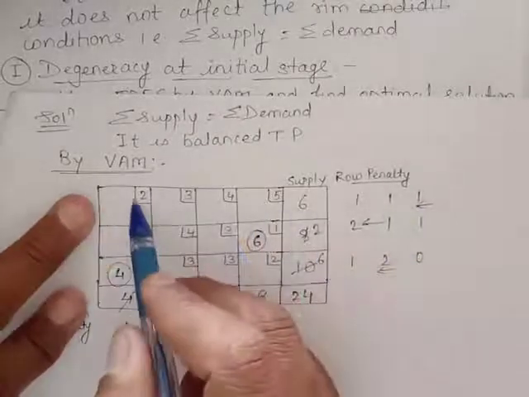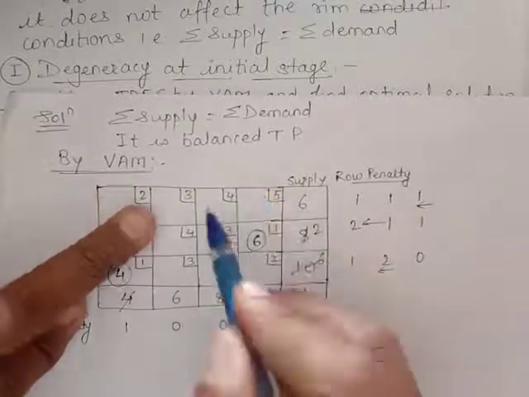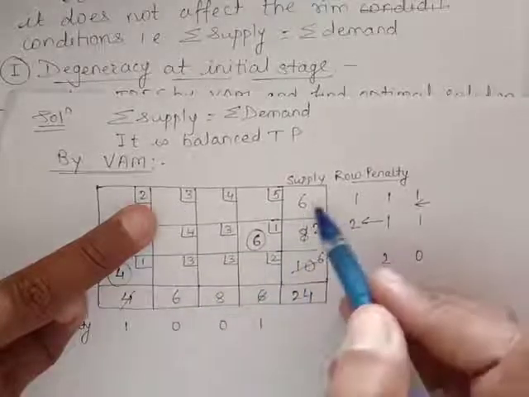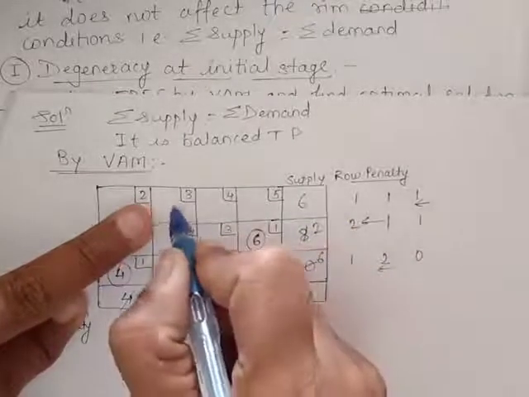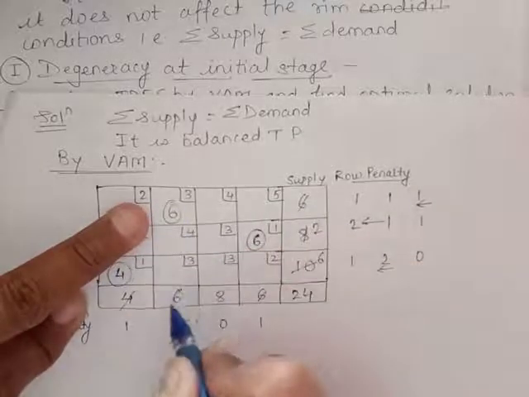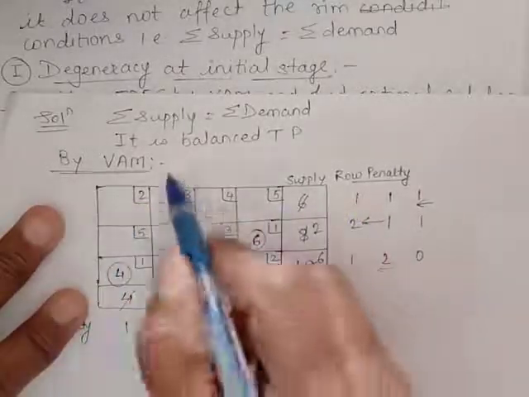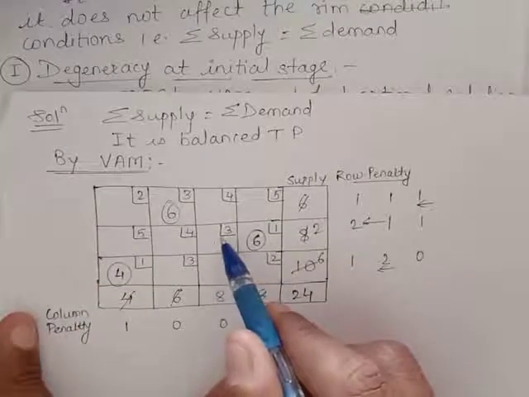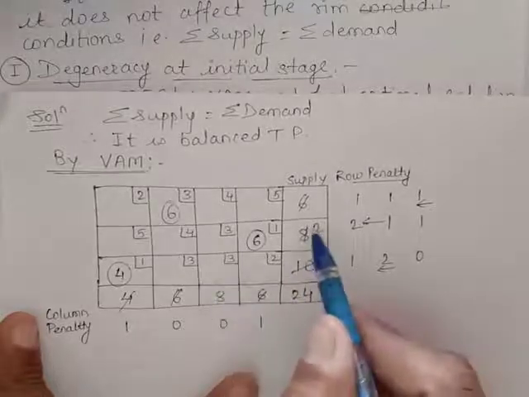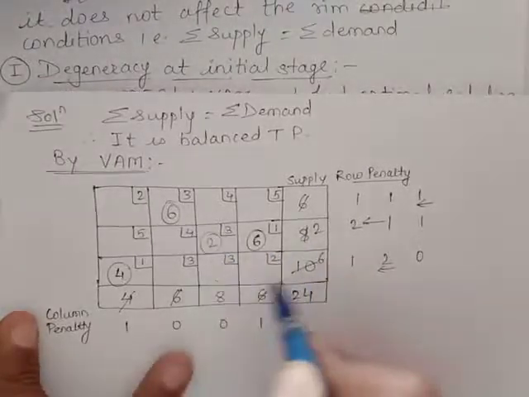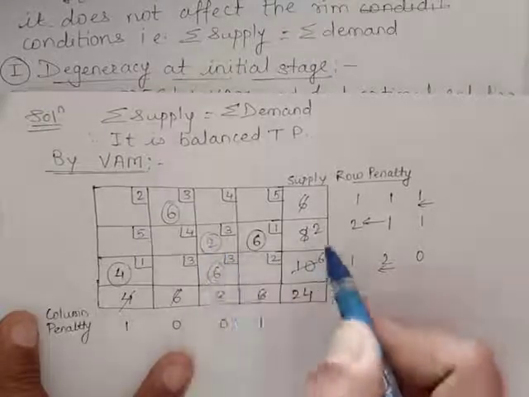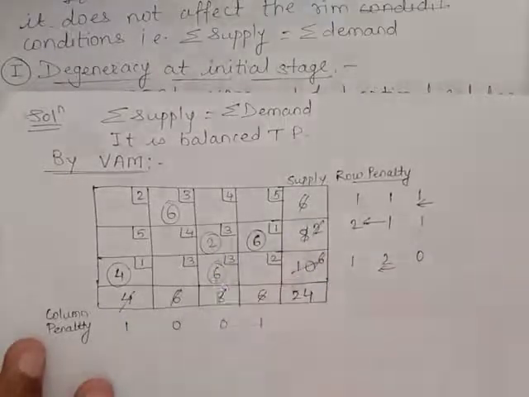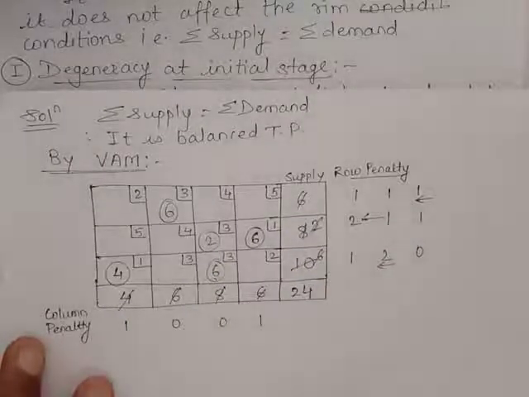Minimum among these 2 cells is 3, so it will be 6 here. So this row is satisfied, and this column is also satisfied. Now only these 2 cells are left. This must have allocation 2, this must have allocation 6. So 2 and 6 get satisfied, and as such this will be our initial solution.